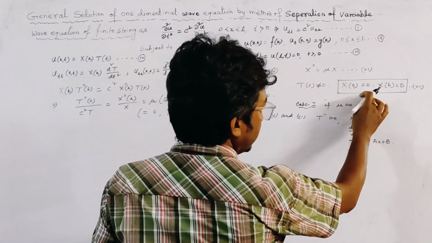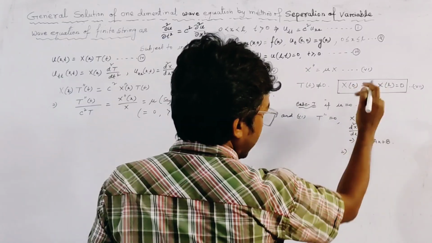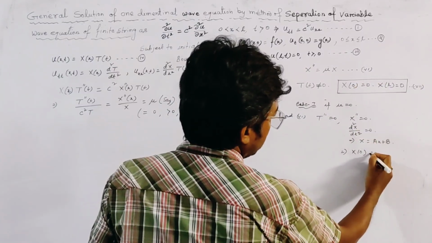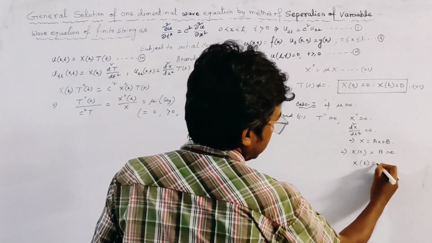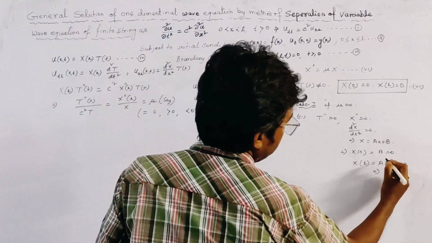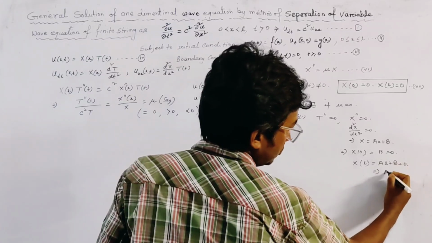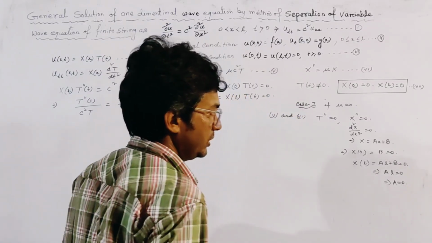Now using the boundary condition and putting the values 0 and L, we get X of 0 equal to b equal to 0, and X of L equal to aL plus b equal to 0. Putting b equal to 0, we get aL equal to 0, which implies a equal to 0.